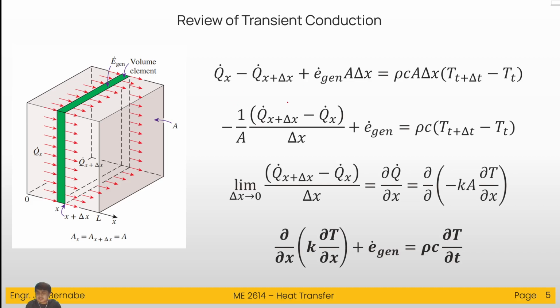So you divide everything by area and delta x, and you will have this equation. With an additional manipulation, as you can see, this will become negative because we swap the signs. Basically, we just factor out -1, so this will become positive and this will become negative. The reason behind that is that this looks familiar, right?